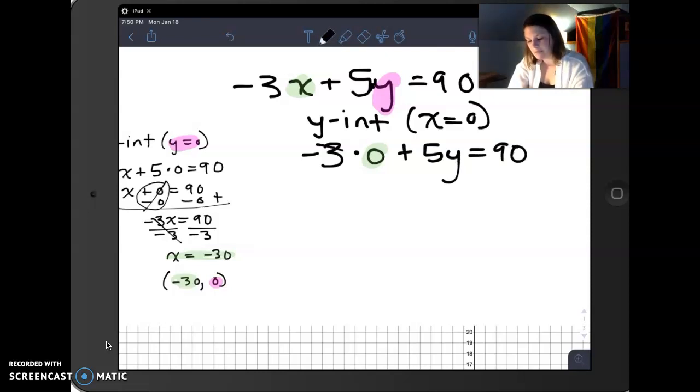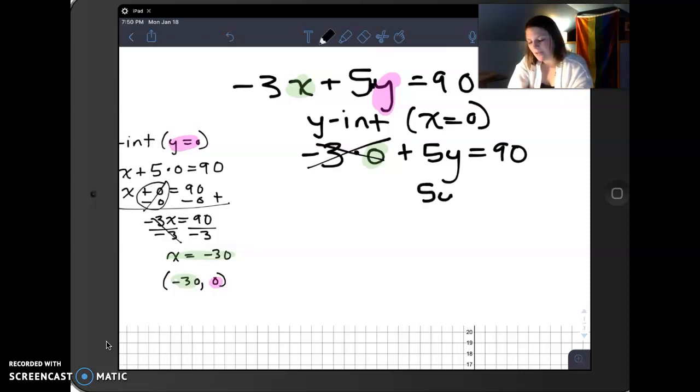And since this becomes 0, and since subtracting 0 from both sides doesn't change anything, you can just cross out the x. So when you're finding the y-intercept or the x-intercept, you can just cross out the opposite variable. And we'll do a couple examples with that trick.